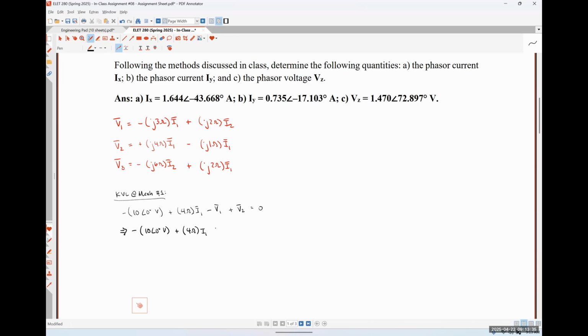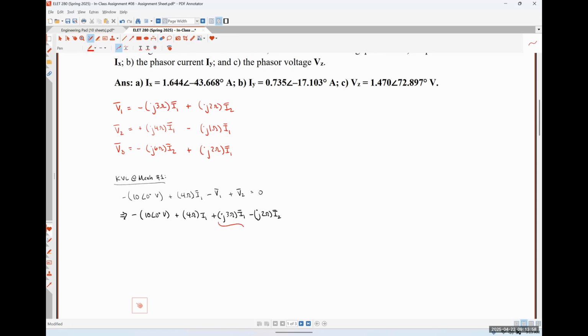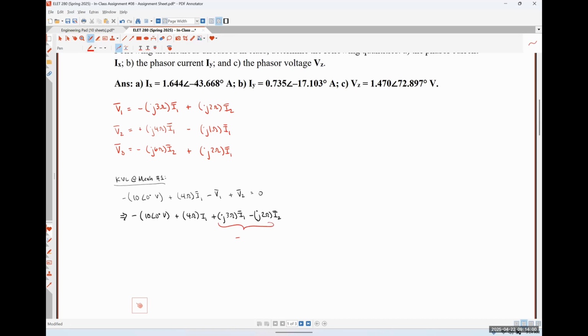So I'm going to have minus negative, so that's going to look like plus j3 ohms times I1 minus positive, so minus j2 ohms times I2, where just to make it real obvious, this bit right here is just negative V1.